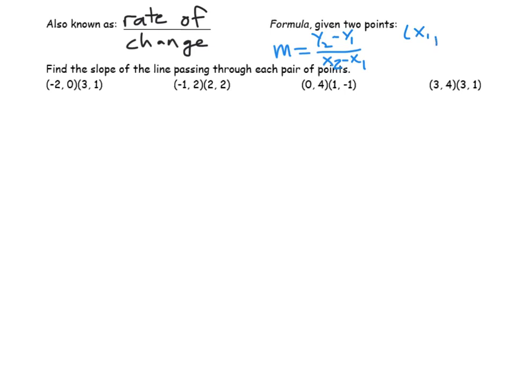You'd use this formula if you were given 2 points. We give these 2 points really fancy names, point number 2 and point number 1. The subscript there is just the point itself, right? That's the x and the y value for point number 1. X sub 2, y sub 2 is the two coordinates for point number 2.